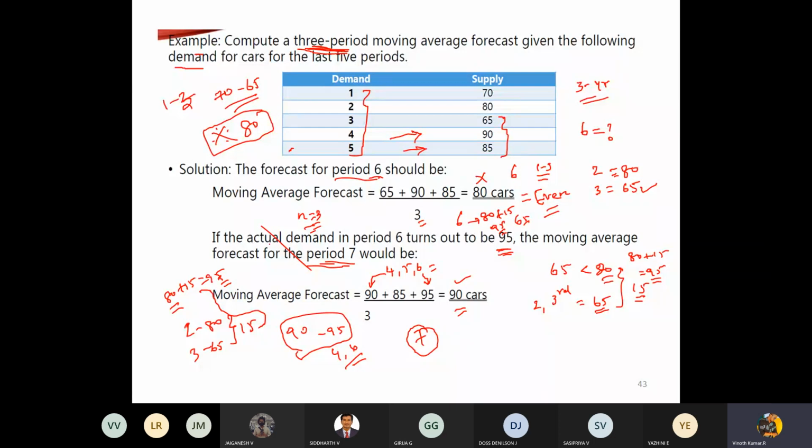Keep this point in mind. In the first problem, demand is given from July to December: 300, 350, 400, 500, 600, 700. You are going to prepare a forecast by the SMA method for January sales.